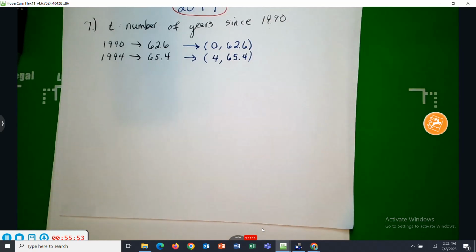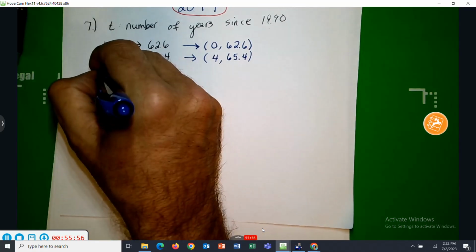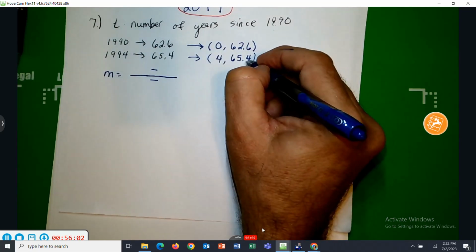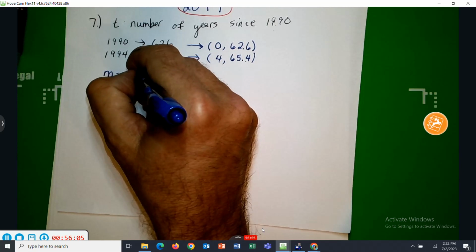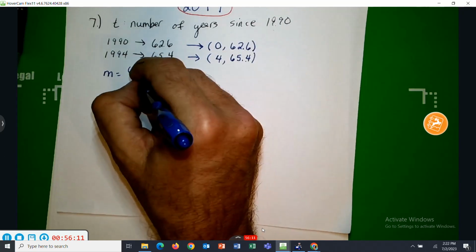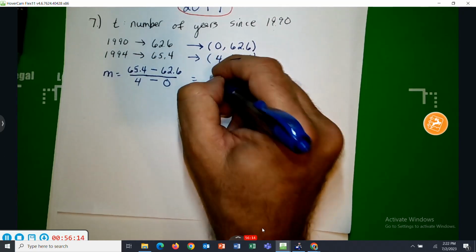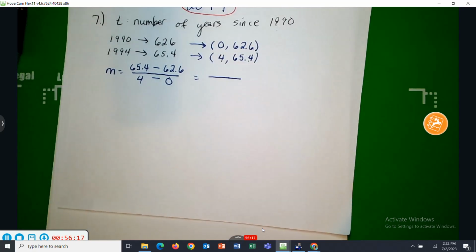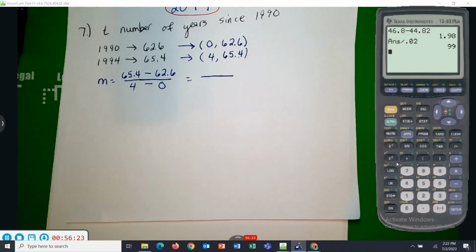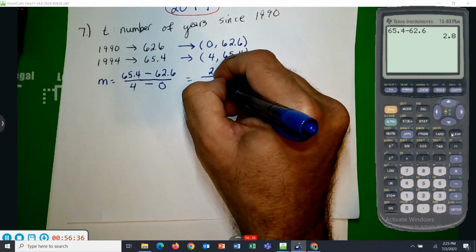So let's find the slope. Second y value minus first y value divided by second x value minus first x value. 65.4 minus 62.6, 2.8, divided by 4.